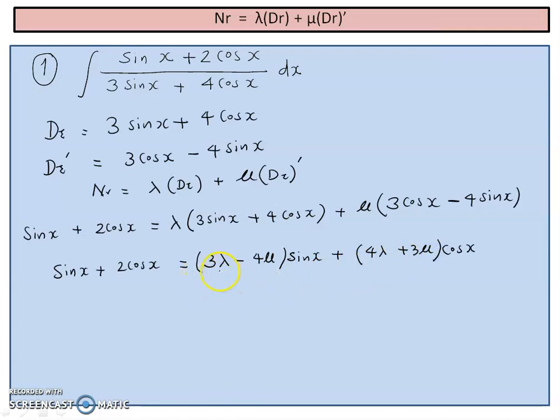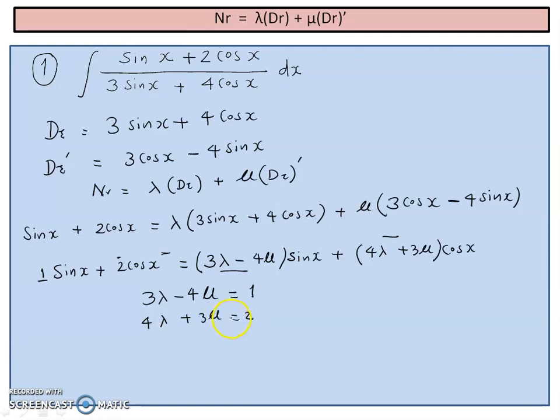Now we equate the coefficient of sin x here, this is 1, and the coefficient of cos x, 2, we will equate with this. So 3 lambda minus 4 mu is equal to 1 and 4 lambda plus 3 mu is equal to 2.